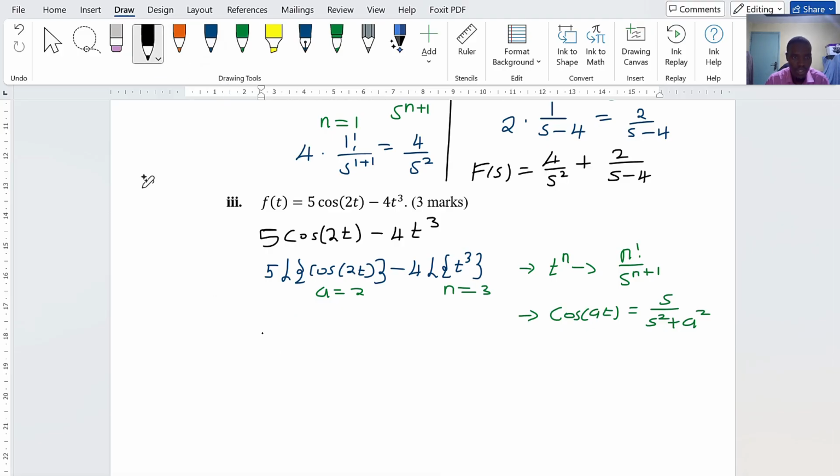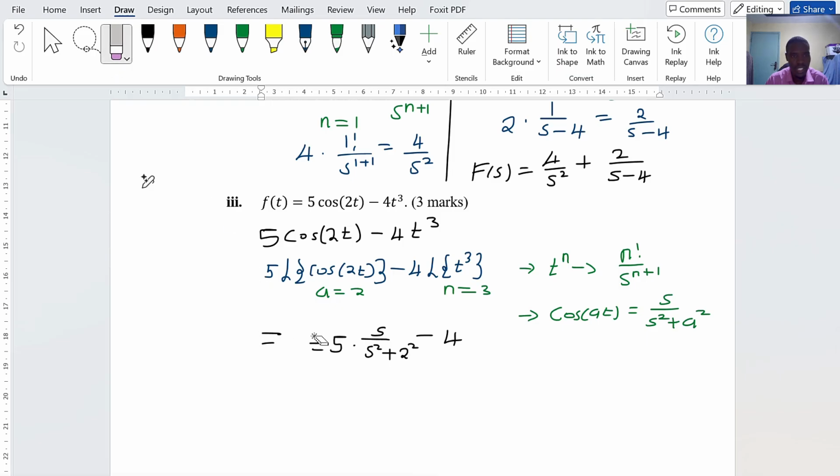We are now going to have our F of s equal to 5 times, our a is 2, so the whole of this, we are going to bring this, which is s over s squared plus 2 squared. Then minus 4.